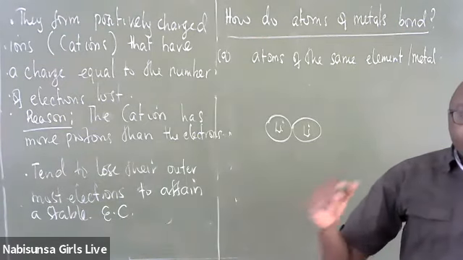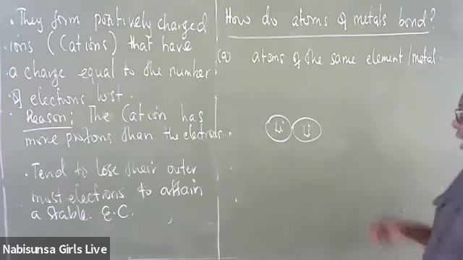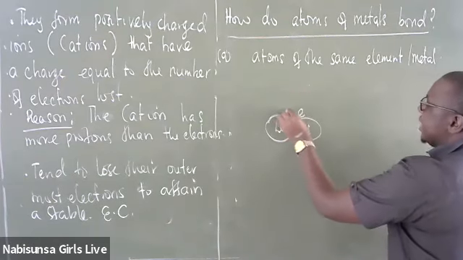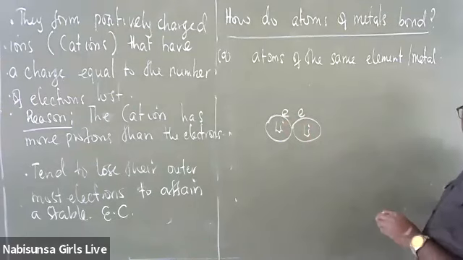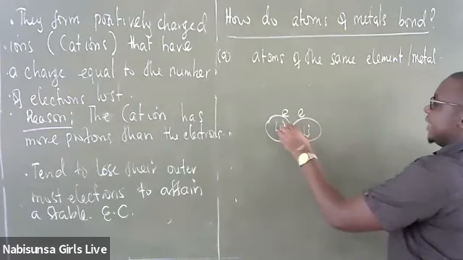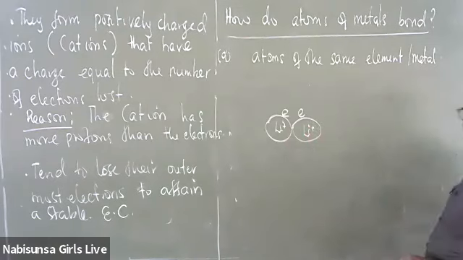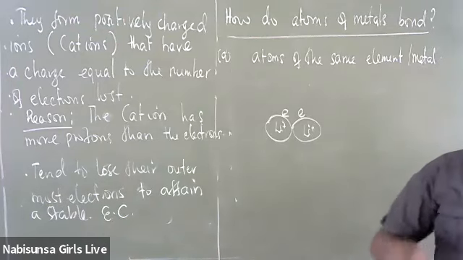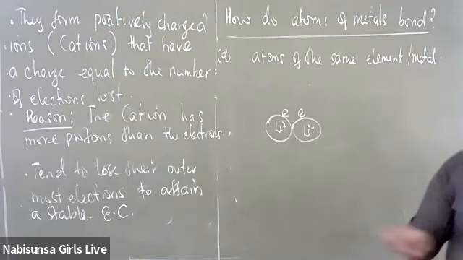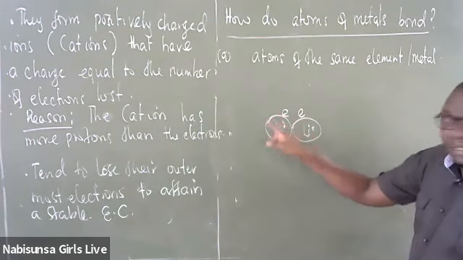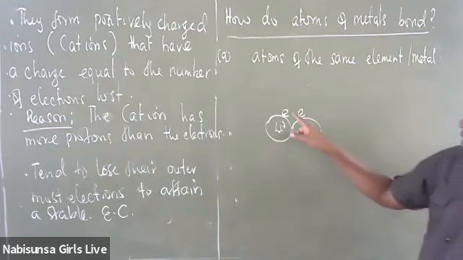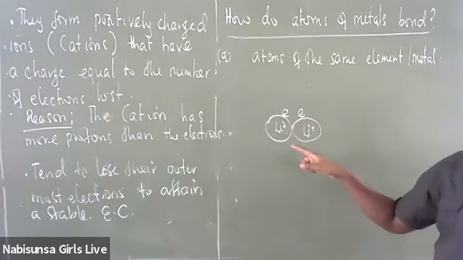Let's say an electron is lost from this one, and also another electron is lost. When it is lost, this one is going to have a positive charge, and this one also a positive charge. Are you getting me? But now, these electrons are not going to move far away. They are going to stay around in this region, moving along the surface, such that at any one time, this one can take it back.